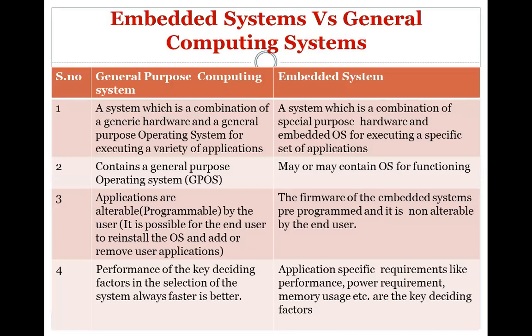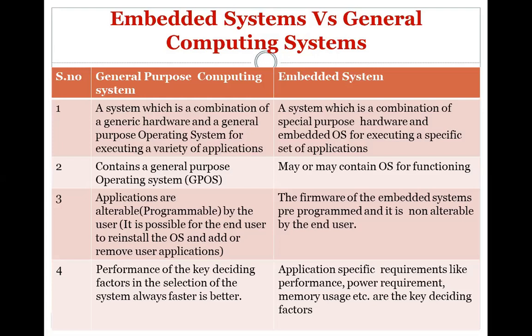You can see some of the differences with respect to embedded systems. A general purpose system is a combination of generic hardware and operating system for executing a variety of applications.